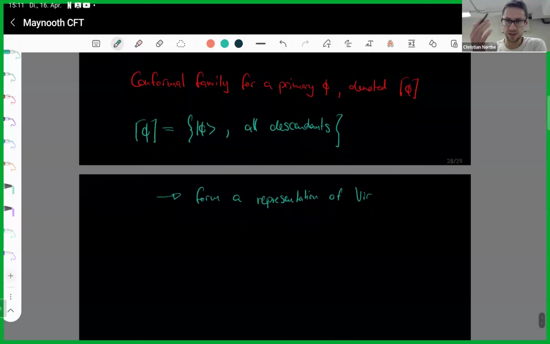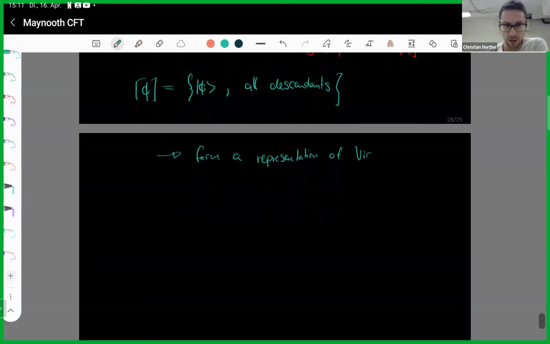So just as a side note, once we understand the notion of irreducibility, whenever we say conformal family, we actually mean an irreducible representation of the Virasoro algebra. Okay. So let's actually make this an irreducible.